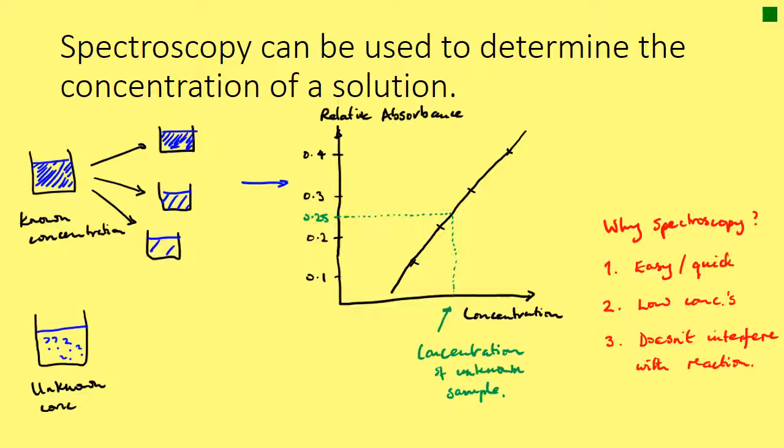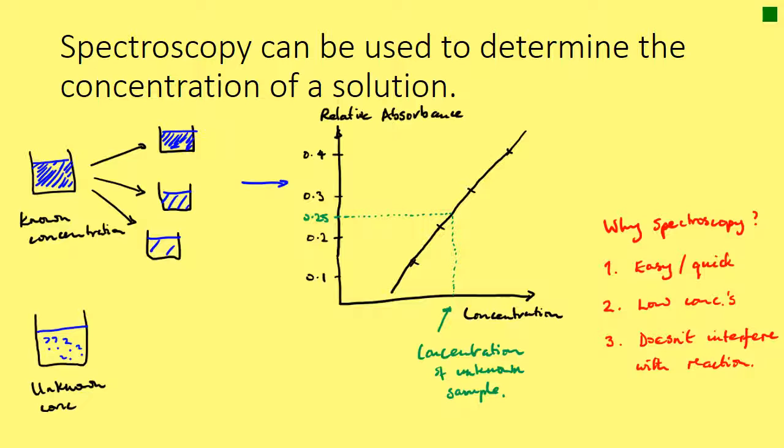Okay, so we're going to put a point here, and then we took our second sample, so we've diluted that a little bit, and our relative absorbance might have been 0.3 for that one. And then our third sample might have been 0.2, and so we plot that like that, and 0.1.